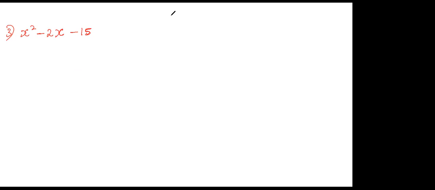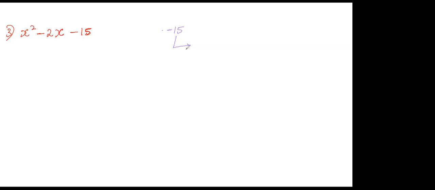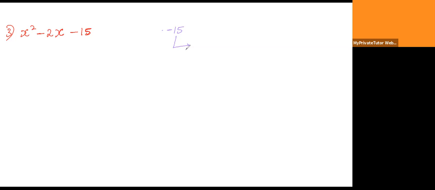Sir, first you have to solve for x square minus 2x. We need to find the factors first. Yeah, factors for 15. It's not multiples, Sultan, it's factors of 15.